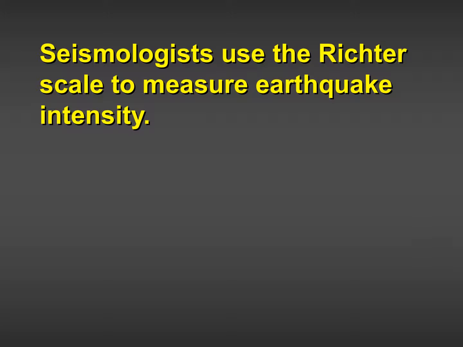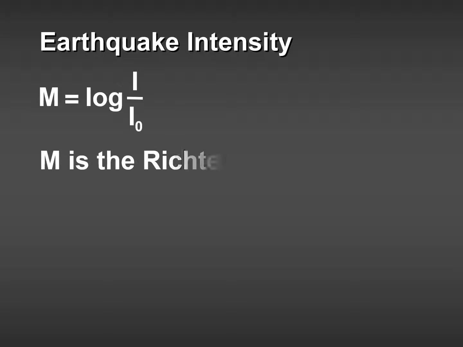When we have earthquakes, we want to measure the earthquake intensity. We do that using the Richter scale, which is what seismologists use to measure the intensity of an earthquake. Earthquake intensity, which is represented by M, is this formula: M equals log of I over I naught.